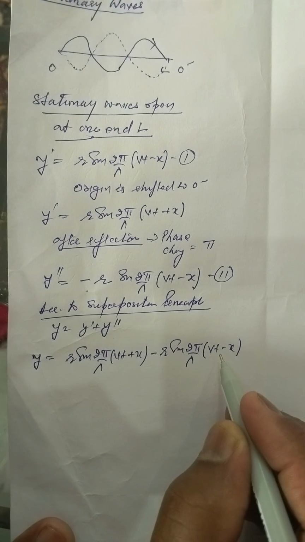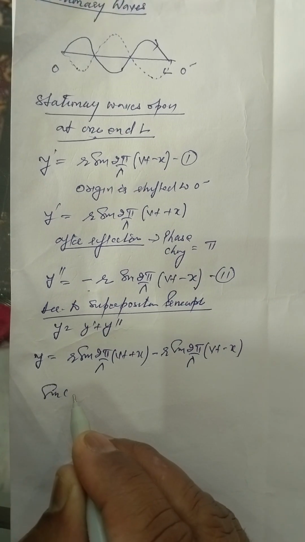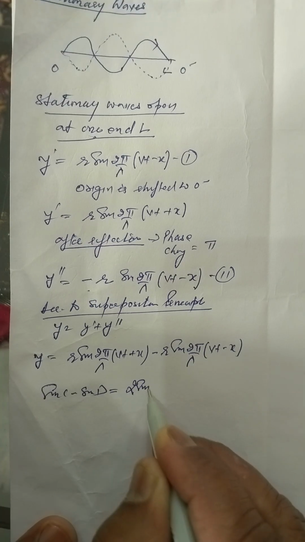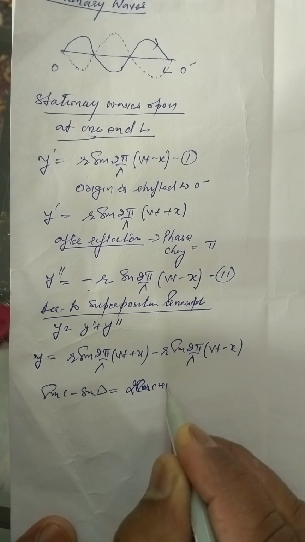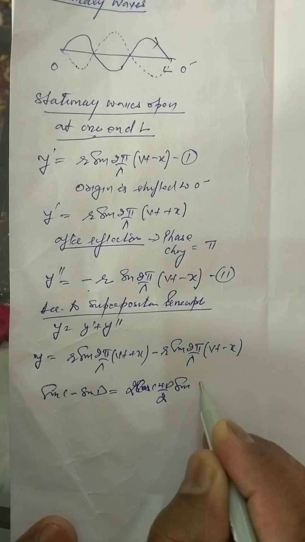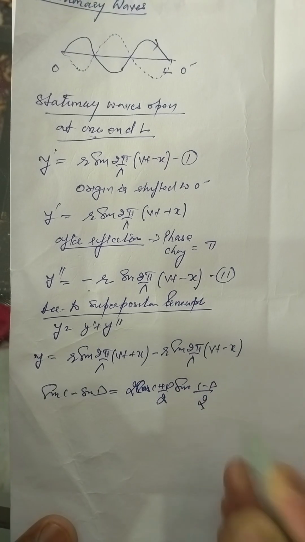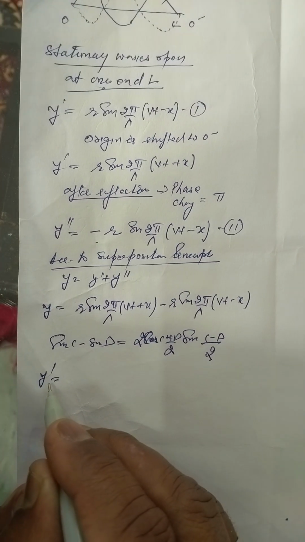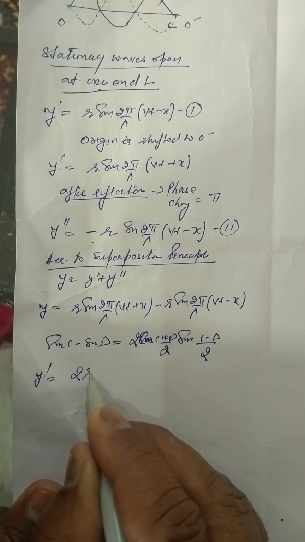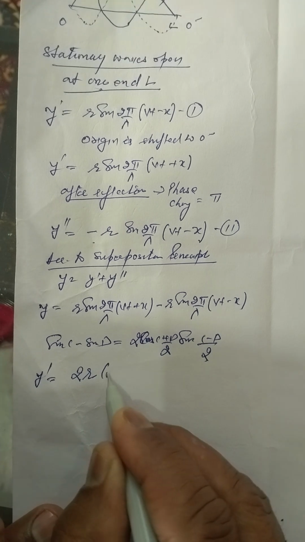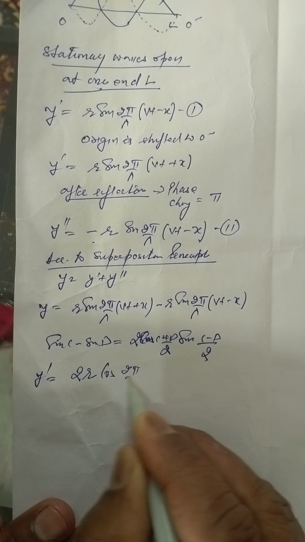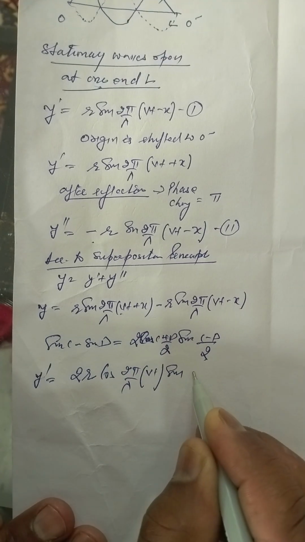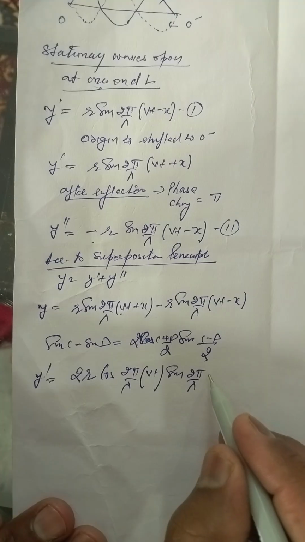We will use the formula sin C − sin D, which is 2 cos((C+D)/2) sin((C−D)/2). When applied, the net displacement will be 2r cos(2πvt/λ) sin(2πx/λ).